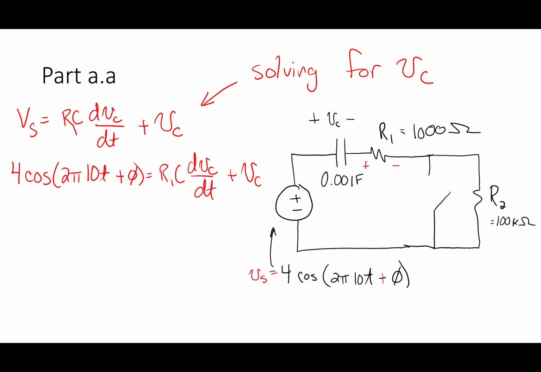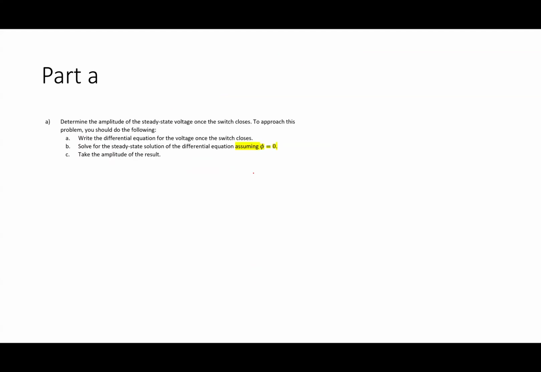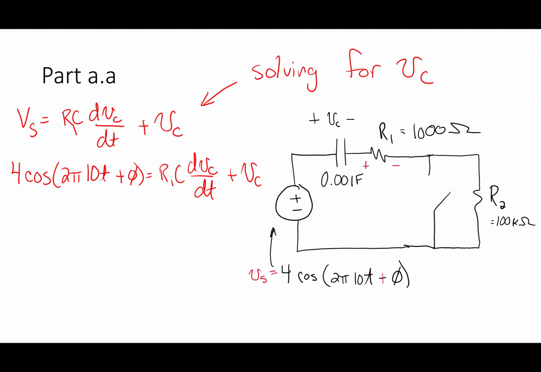So let's discuss this a little bit and go back to the problem statement. So basically I said, write the differential equation for the voltage once the switch closes. Okay, I did that. That is the differential equation. Now, R1 and C, if I put those together, what's that? What's 1,000 times 0.001? It's 10 to the third times 10 to the minus third. What's that? 1.